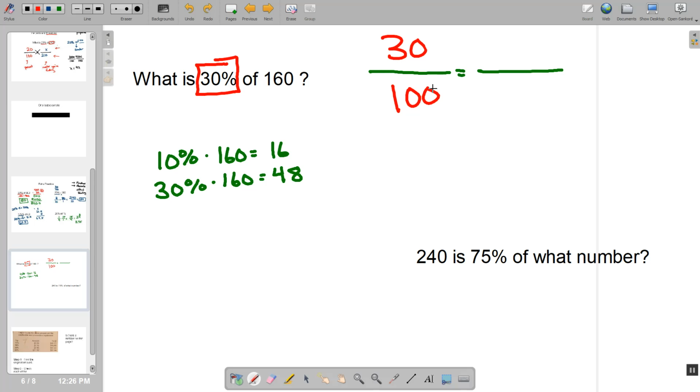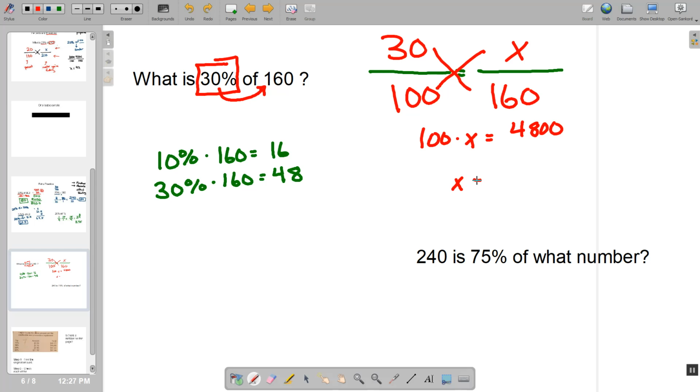Okay, then we have to remember that 30% of something will make our answer smaller. Therefore, our x will be in the top and 160 will be in the bottom. When I cross multiply, I will get 100 times x equals 4,800, which once again will give us x is equal to 48. And so we end up getting the exact same answer both ways.